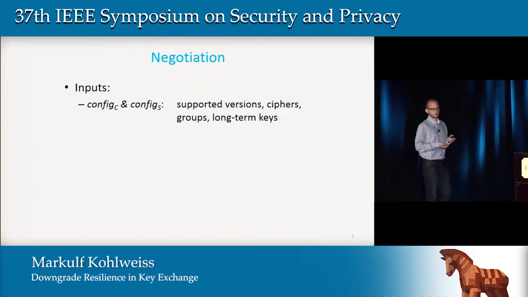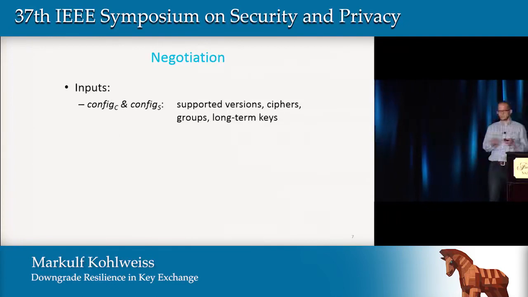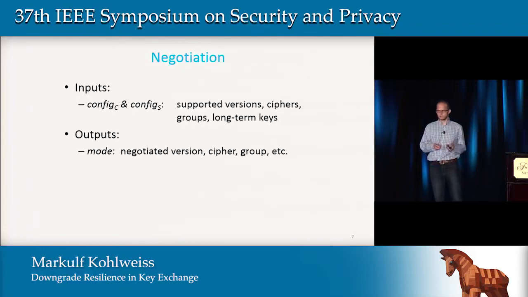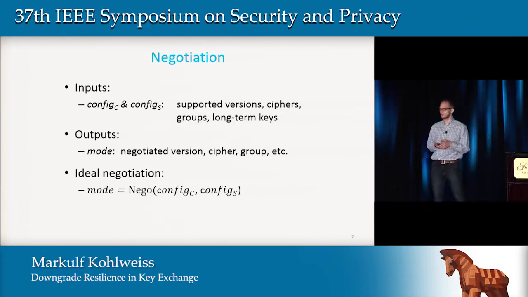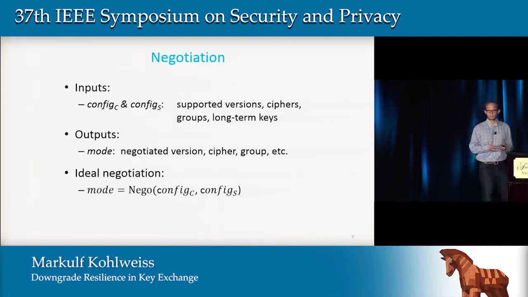Then there's a multi-round negotiation in which parties send messages to each other, and the outcome of that is a mode, which contains the negotiated version and cipher suite. We modeled the ideal outcome of negotiation using a preference function nego that maps two configurations to the mode that parties would like to get. Typically, this is what they would get if there is no active attacker present.